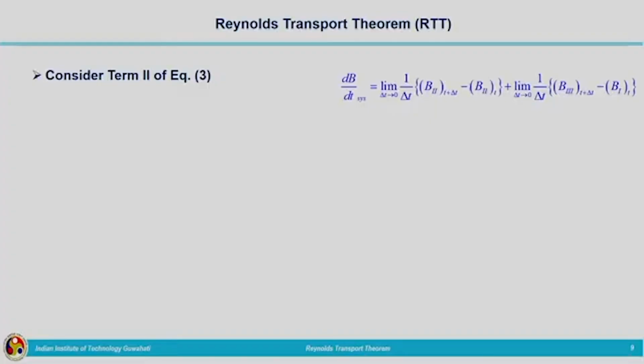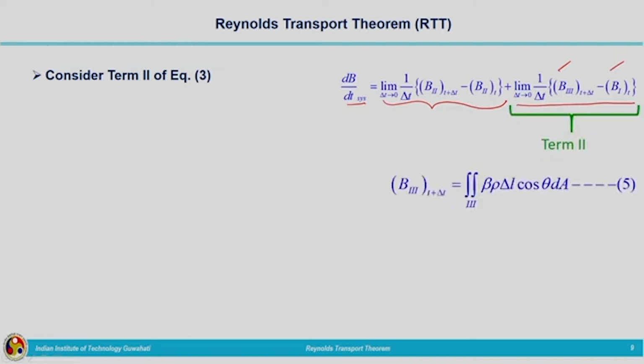So, we are going back to the Reynolds transport theorem expression which we have derived. The time rate of change of extensive property within the system is related to some property related to the control volume, and we have term 2 here. The expressions corresponding to B3 at t plus delta t and B1 at t we have already found out. So, now we will substitute them in term 2.